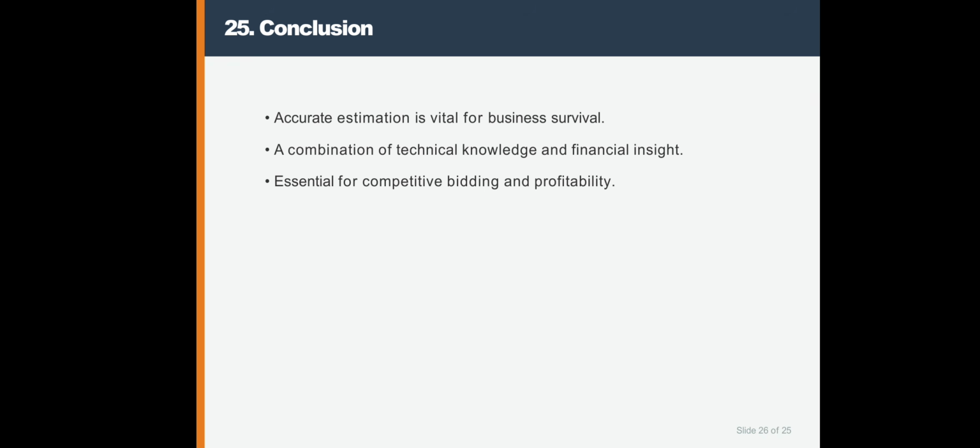Finally, the conclusion of this unit is that accurate estimation is vital for business survival. A combination of technical knowledge and financial insight is very important for the costing of material. Cost estimating is the process of determining the probable cost of the product before the start of its manufacture.